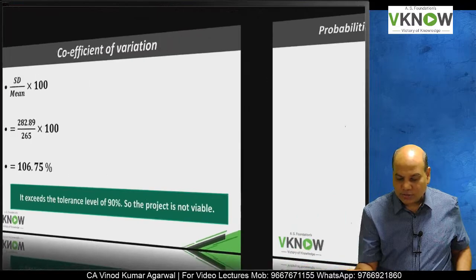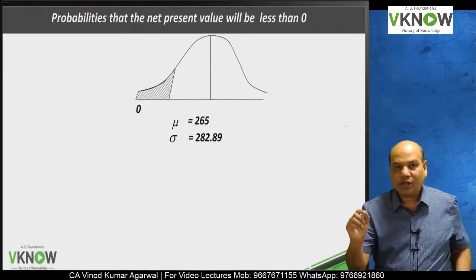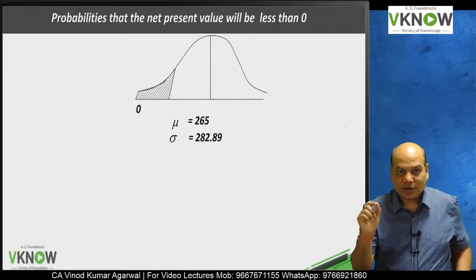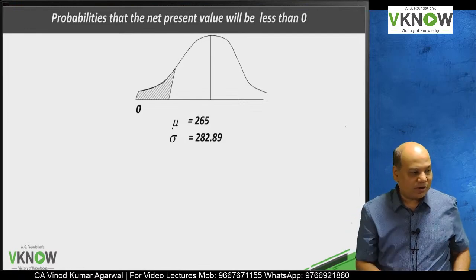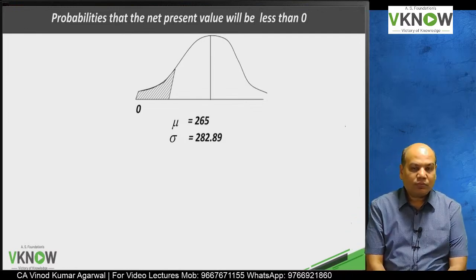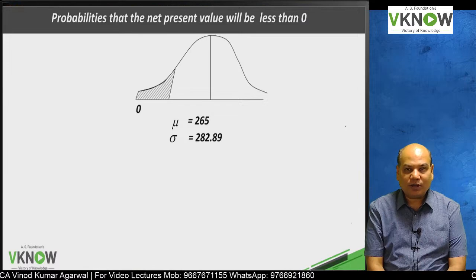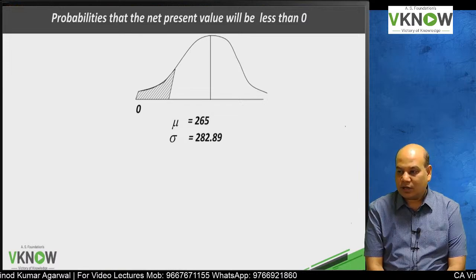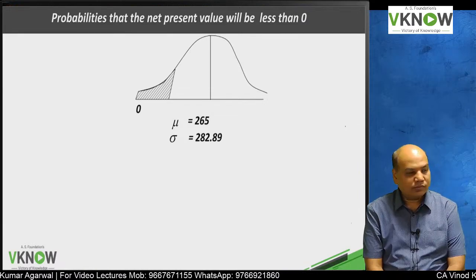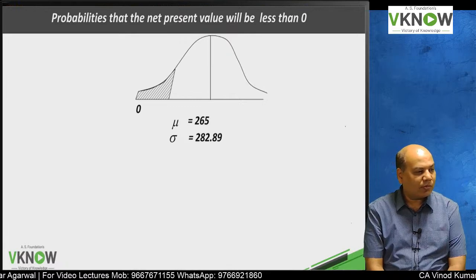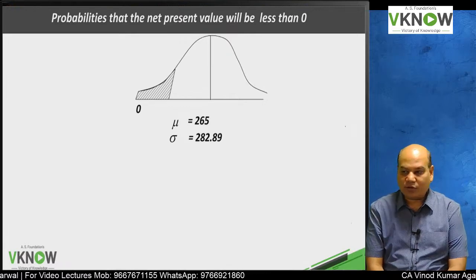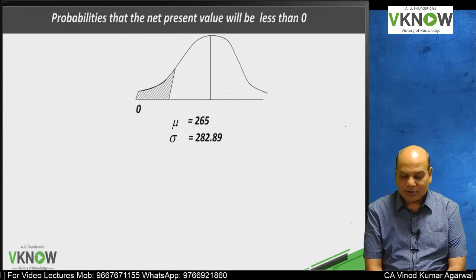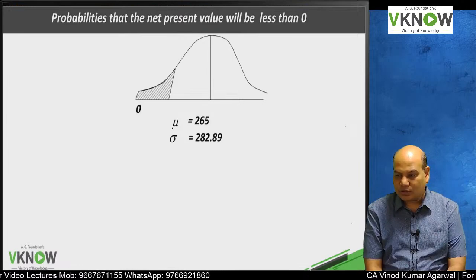So for that, you now write down the next line: calculation of the probability that NPV will be less than 0. Okay, draw this normal distribution.